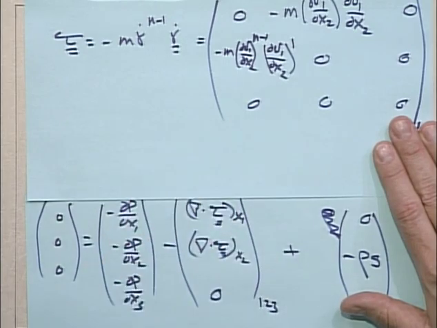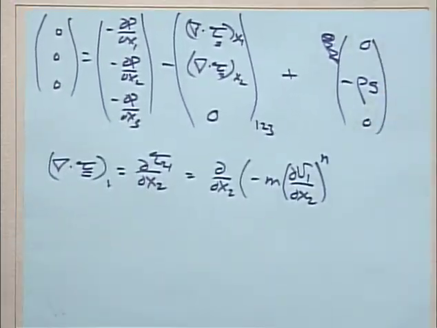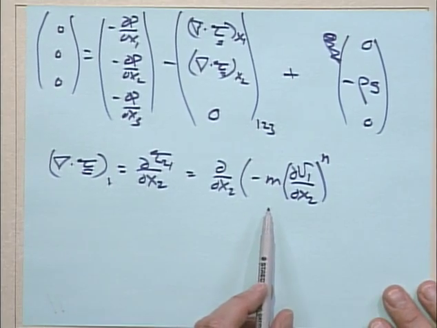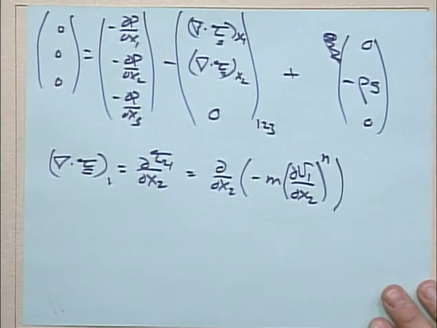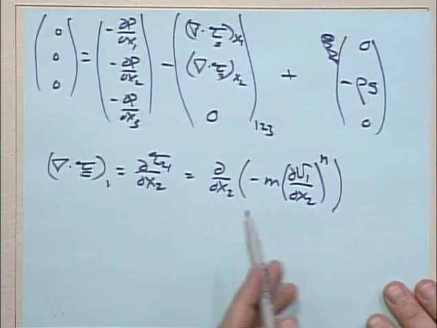So I add them and I get to the n. So is this term 0 or non-zero? Non-zero. Why, Andy? Right. V1 is a function of x2, so this is the term we definitely are keeping.